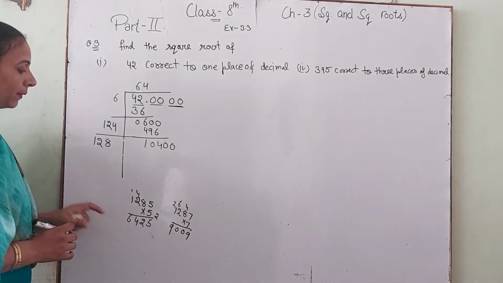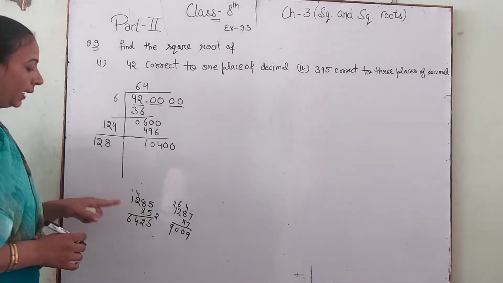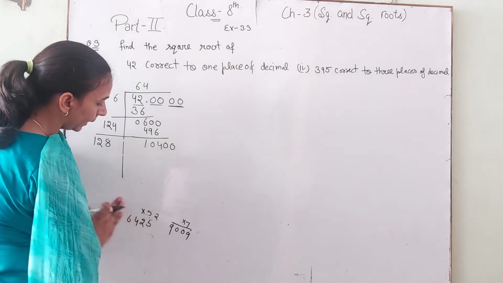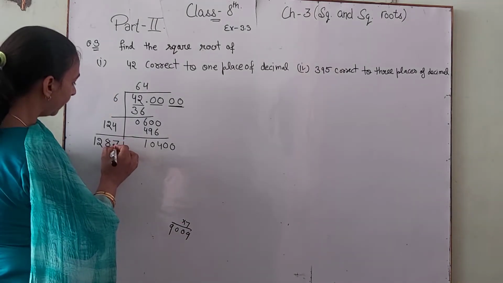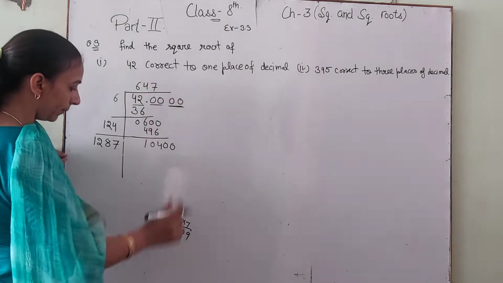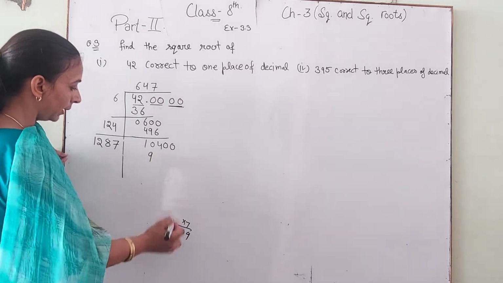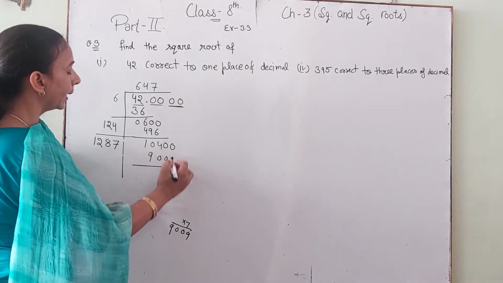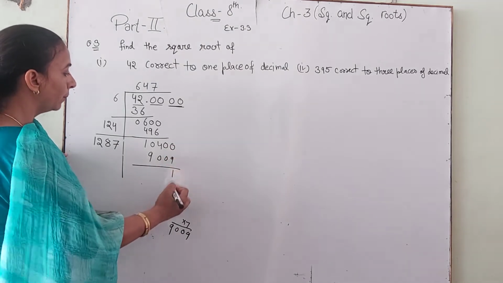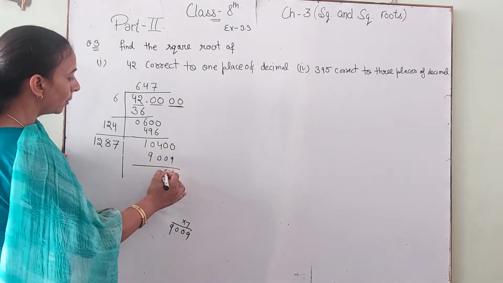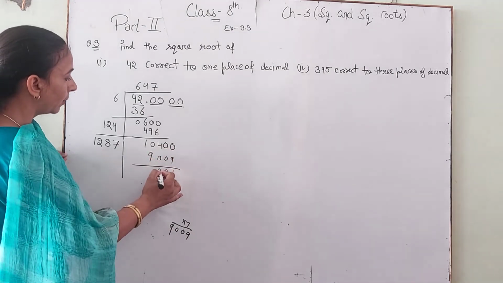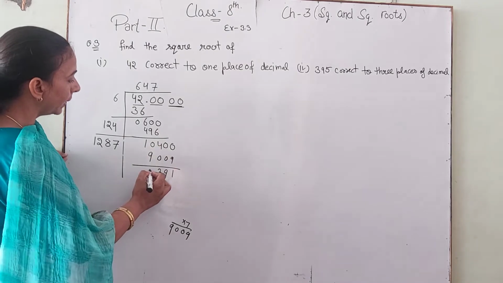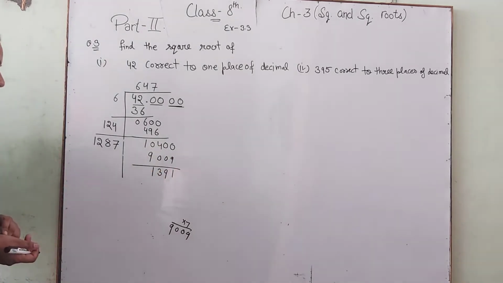Okay, but if we check 8, maybe this is greater. Then we take 7, there is also 7, and 9009. Then subtract: 10 minus 9, 1, then 9 minus 0, 9, 3 minus 0, 3. Then we take the next pair.